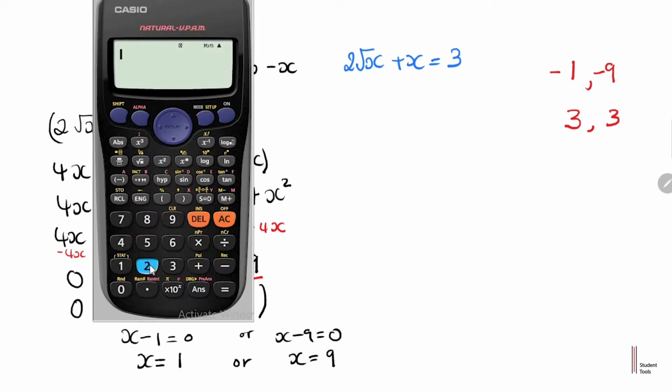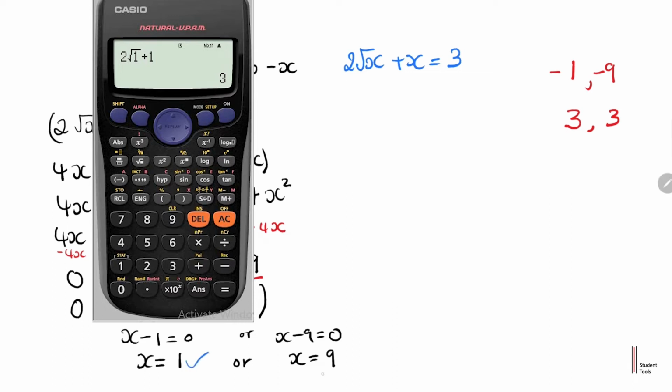Right, so we have 2 root x. So for x we will substitute with the 1, and then we have plus x, which means we are still substituting with the 1. Let us see if we're going to get the positive 3. So we are getting positive 3 here. So that means the 1 is correct.